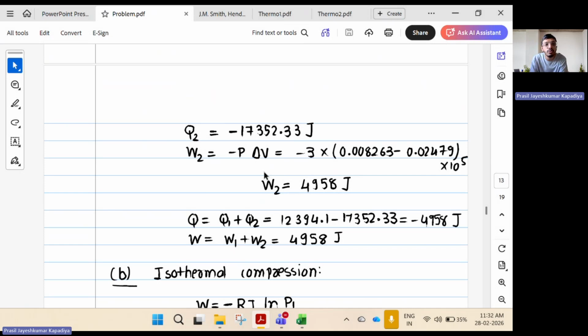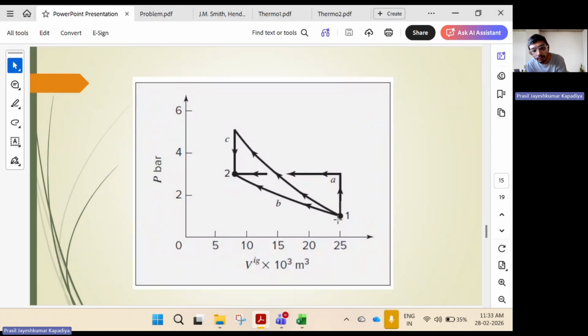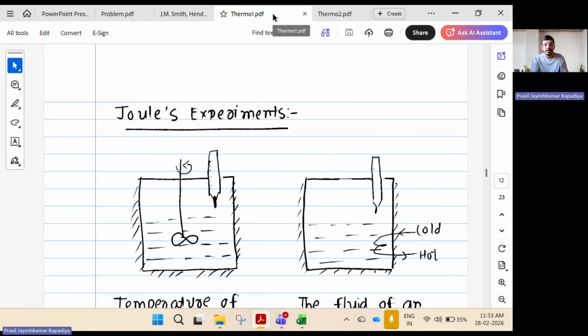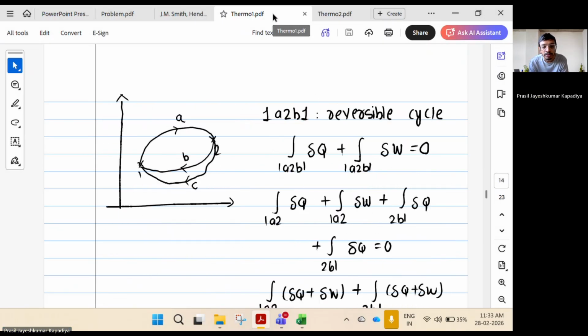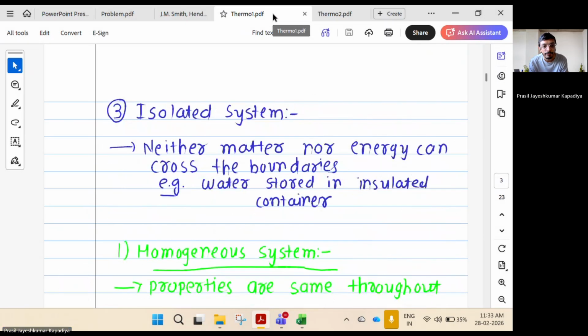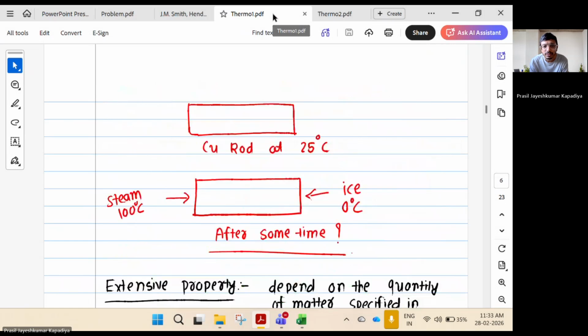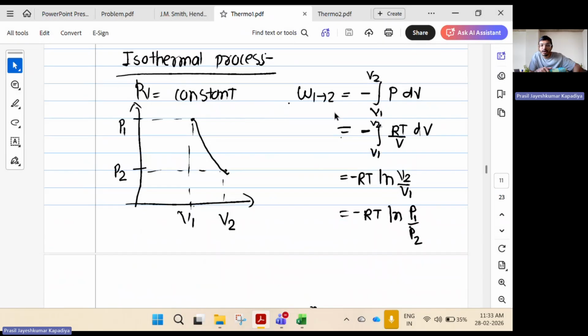Okay. Now let's follow the second path, that is isothermal compression. I am directly going from 1 to 2. For any isothermal process, as we have seen in our first class, the work done by the system is W equal to integral of minus PdV, minus integral from V1 to V2 of P dV.